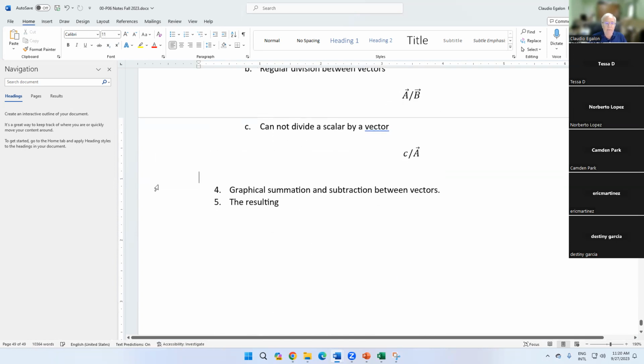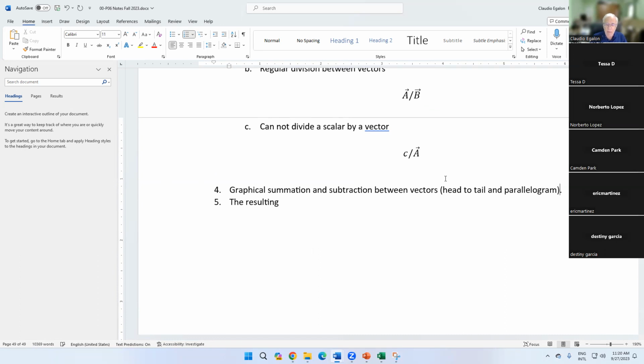And then again, you have graphical summation and subtraction between vectors, right? And there are two techniques: head to tail and the parallelogram technique.